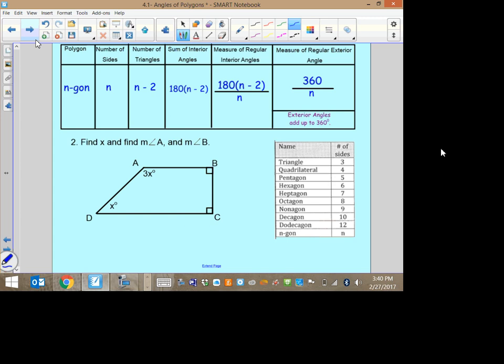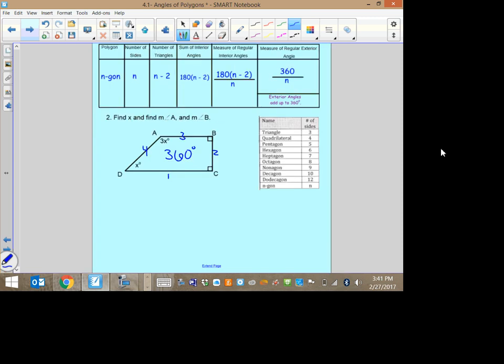Finding the measure of angle A and measure of angle B, but first we have to find x. So this has 4 sides. We see 1, 2, 3, 4 sides. So the sum of those has to be 360, looking back to your chart. So we can say angle B and angle C are both 90.